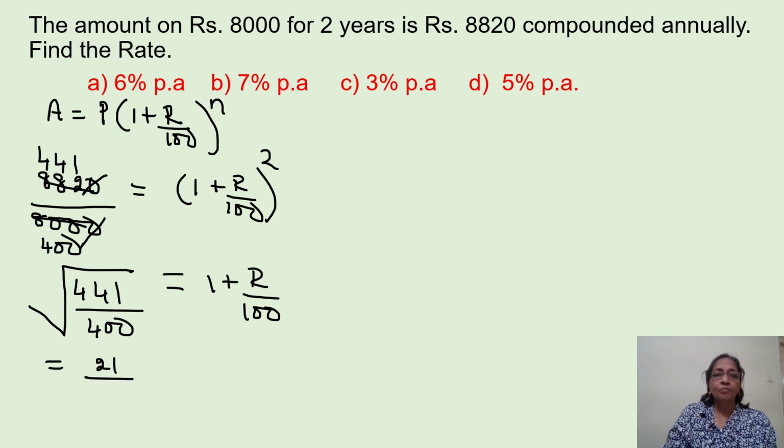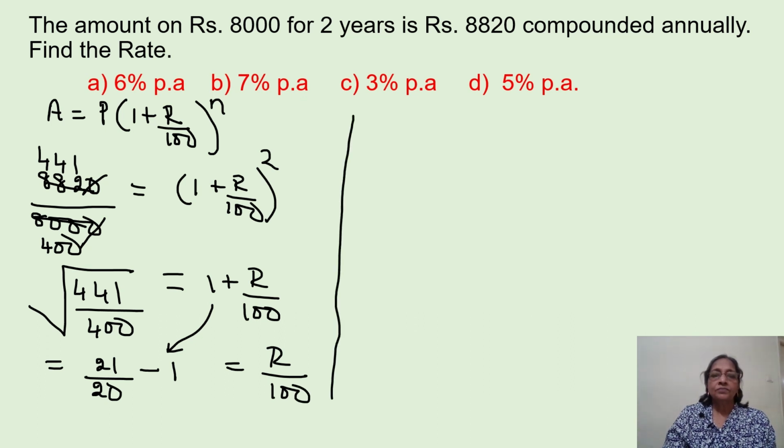So 21 upon 20. I can take the 1 here. So minus 1 is equal to r upon 100. So this becomes 1 upon 20 into 100, and that is your rate percent.